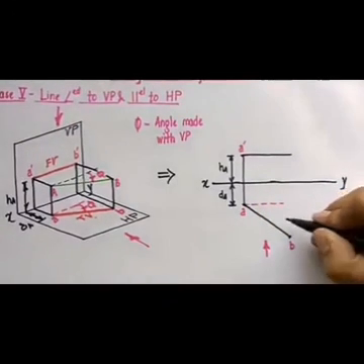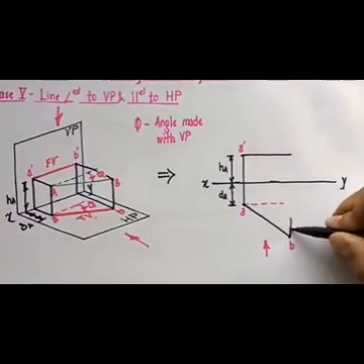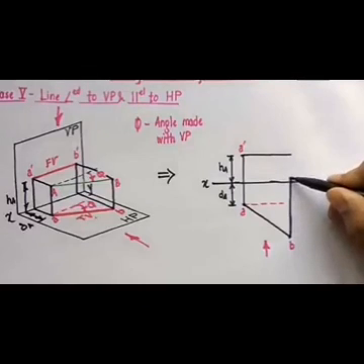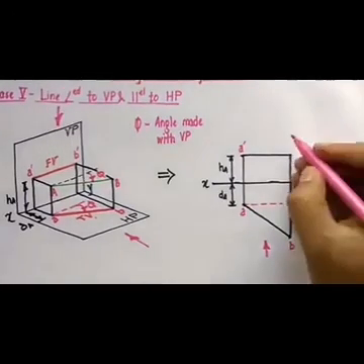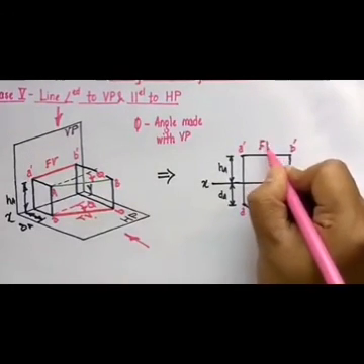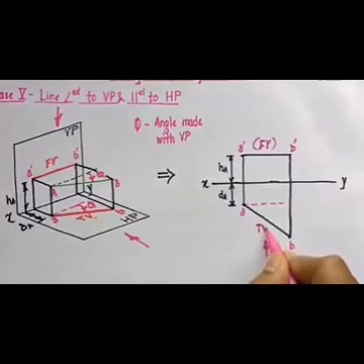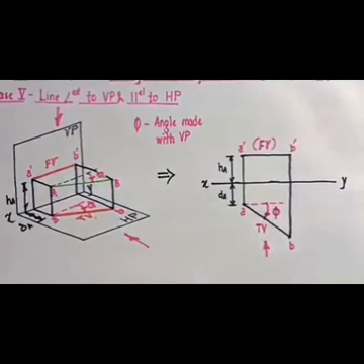Now we're going to look at this from the front, and we're going to have ourselves this way, this way, this way, and it intersects over here, and this represents B dash, so that's the front view. And this represents the top view, and you can clearly see that this angle is phi.